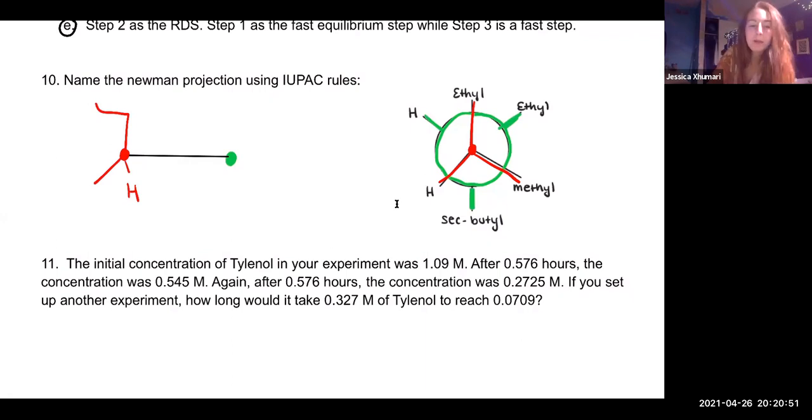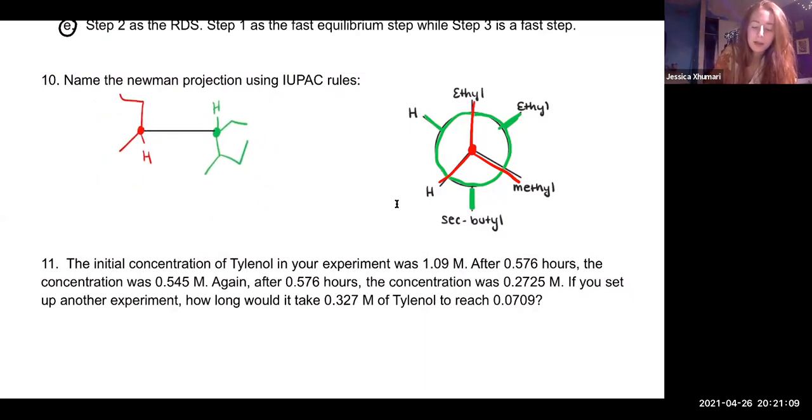Okay, so I recommend brushing up a little bit on your nomenclature. So we have a hydrogen, ethyl, and sec-butyl. Now again, this is a really ugly molecule, hard to interpret. And so I like rewriting or redrawing it in a way that I can easily name.